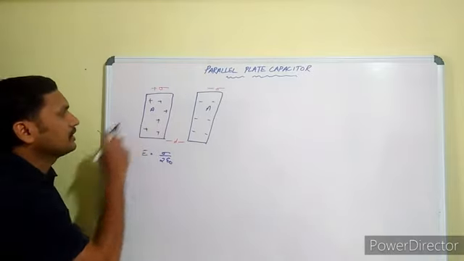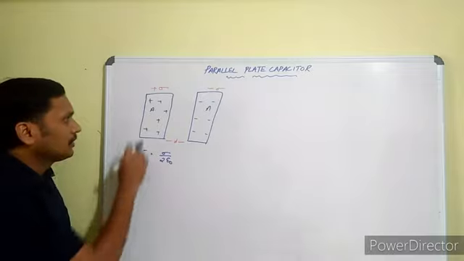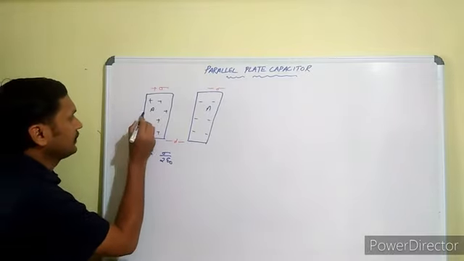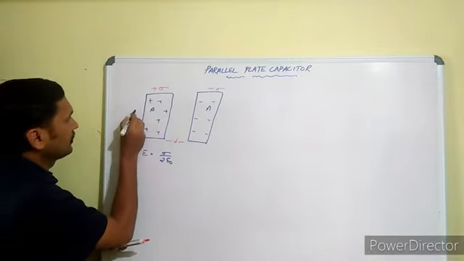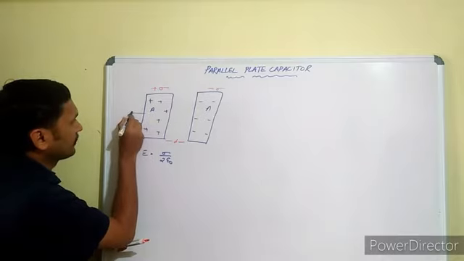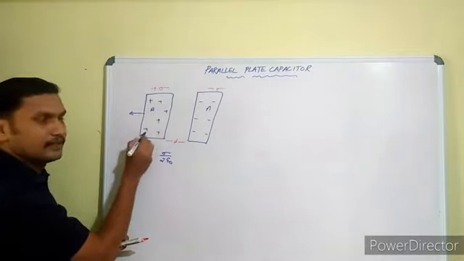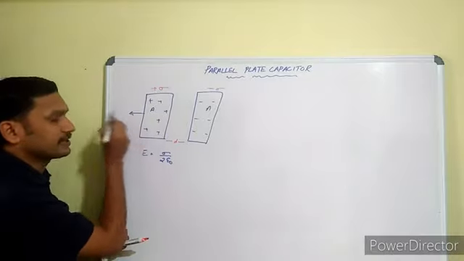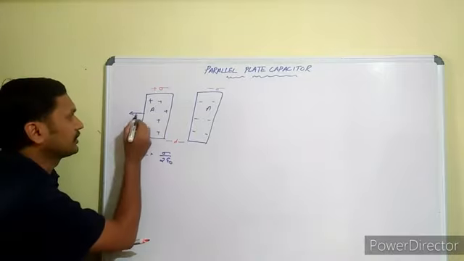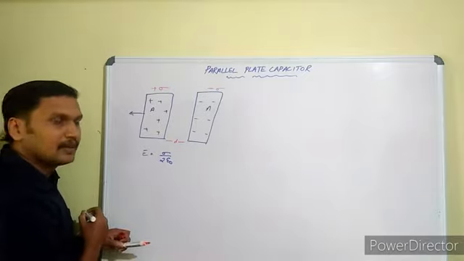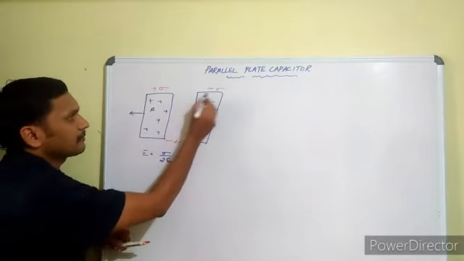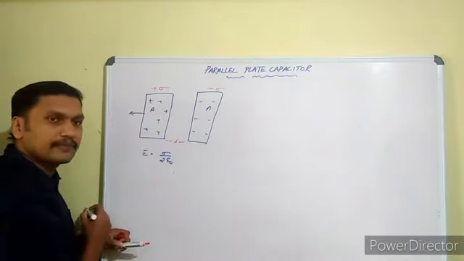As it is a positively charged plate, this plate produces an electric field in this region in this direction. In the same region, this plate also produces an electric field.